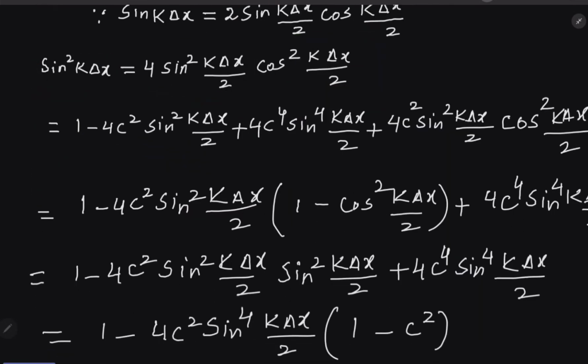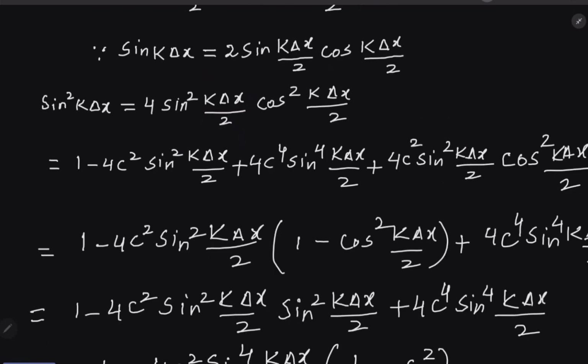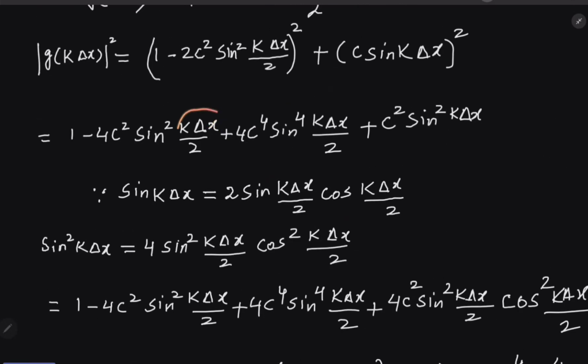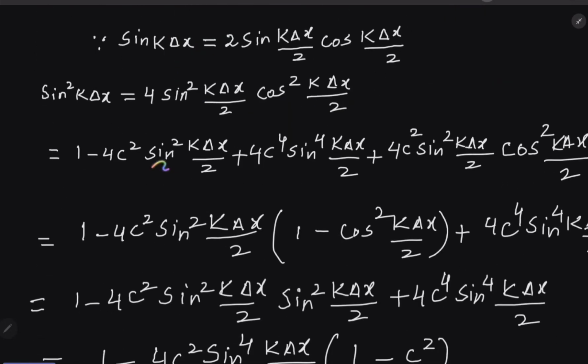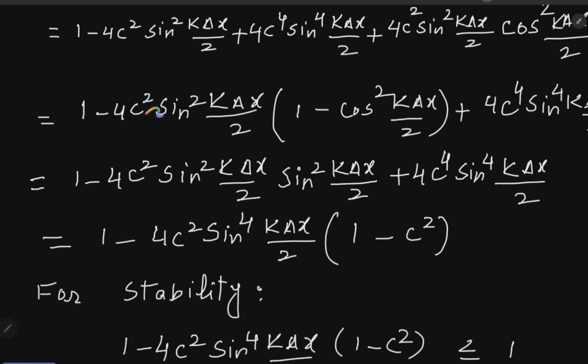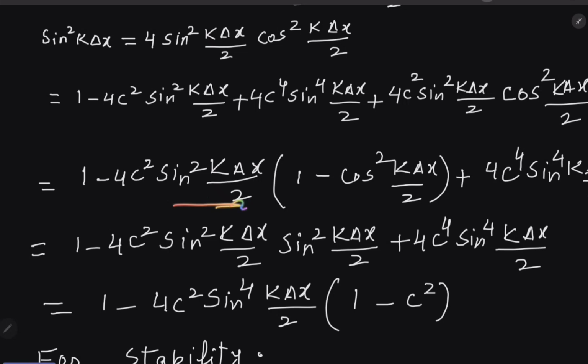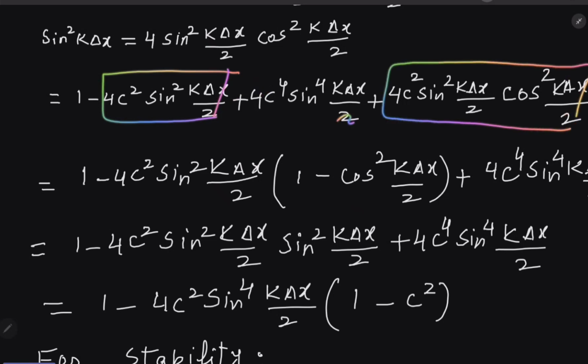So you can see that now we have common terms, all the terms have k delta x. Otherwise, here in the angle we have k delta x by 2, and here we have k delta x. So what I do, I just take common 1 minus 4 c square sine square k delta x by 2, and that term remains over here.